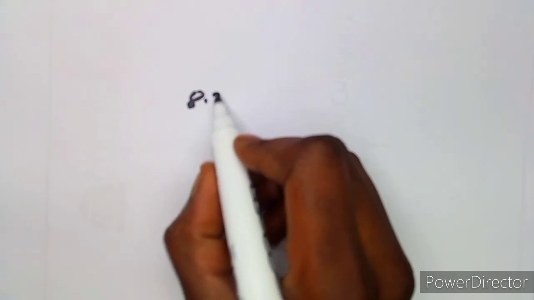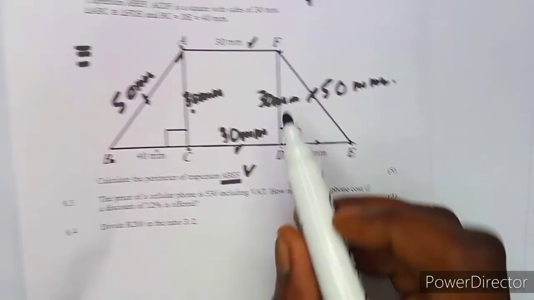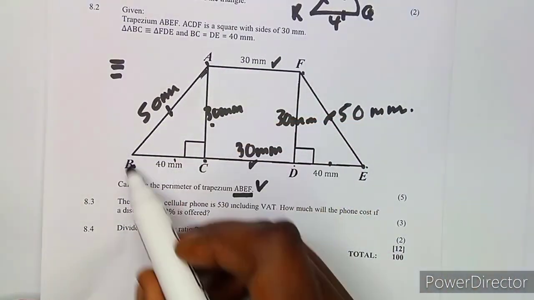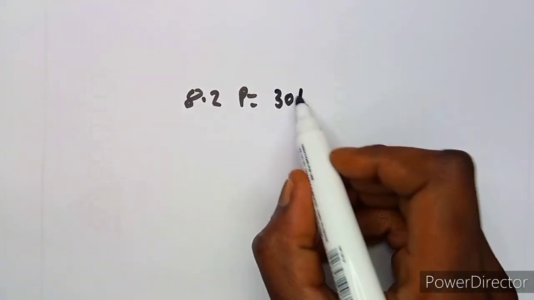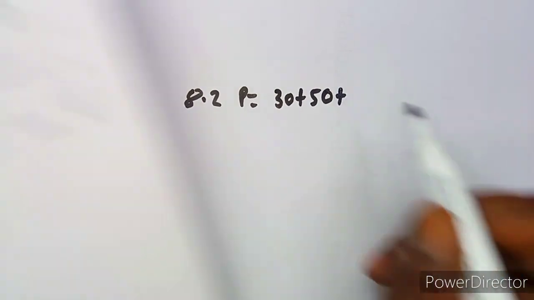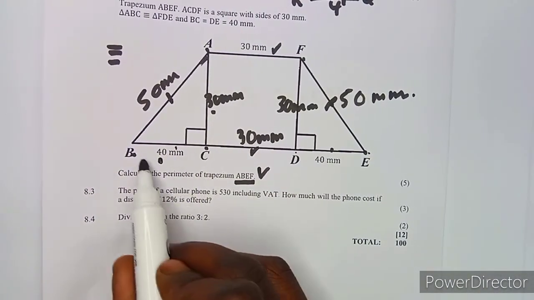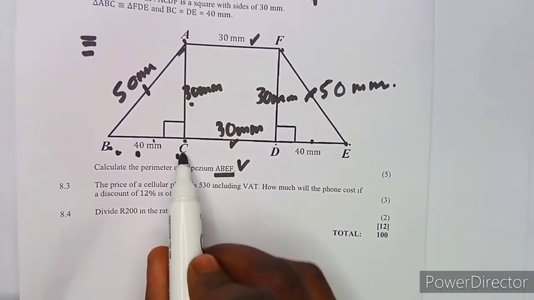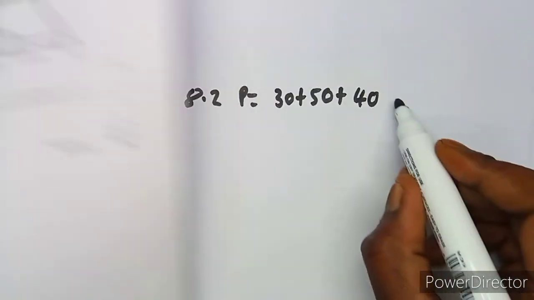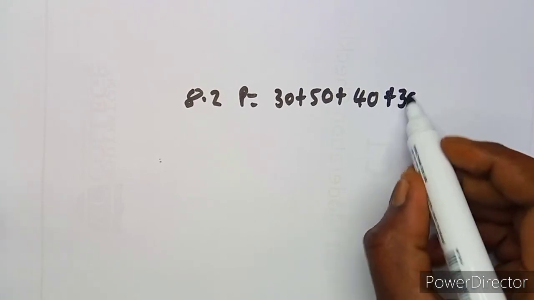Our perimeter is going to be, you can choose going this way, 30 plus 50 plus, we've got 40 here. From B to C it's 40. From C to D, that is 30, you add everything, plus 30.